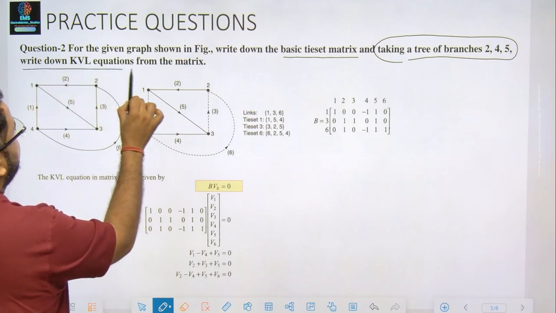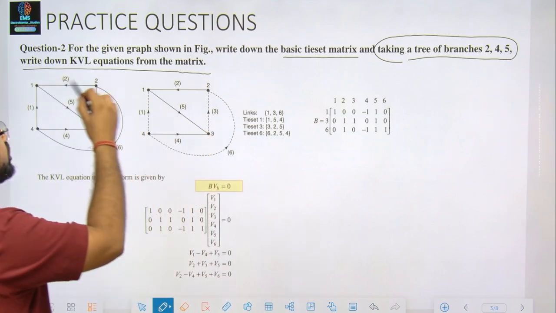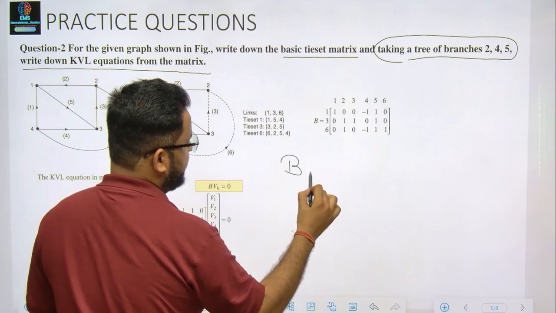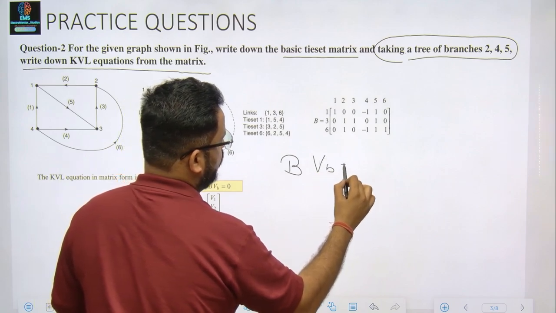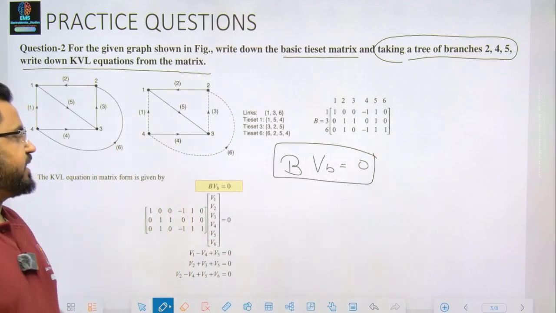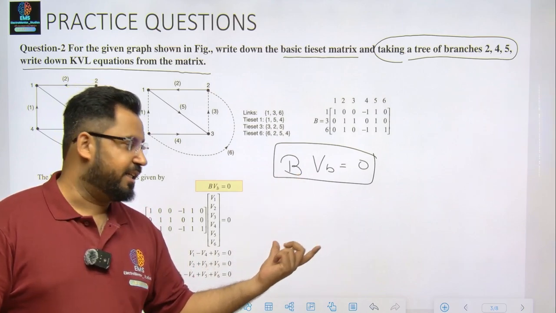And we have to write down the KVL equation. Since there is no circuit given to us, we write down the simplest KVL equation, that is B, the tie set matrix, into branch voltage equals 0. So this is my simplest KVL equation in terms of branch voltage and tie set matrix.